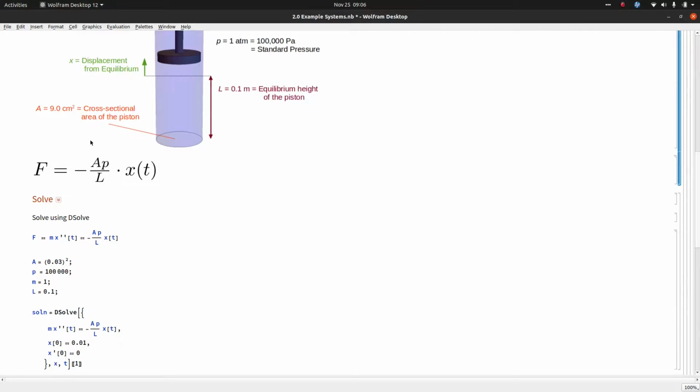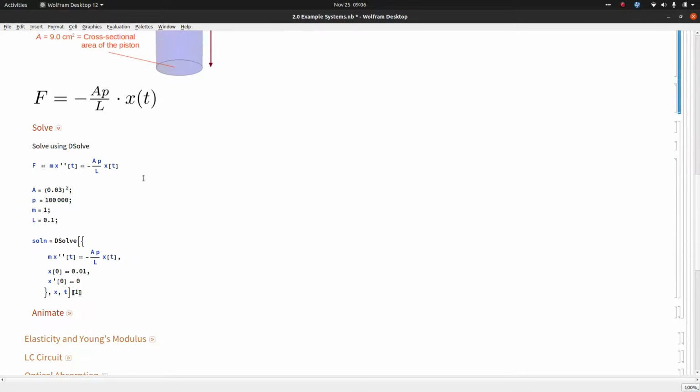So again, we're just looking at a simple harmonic motion equation, Hooke's law, minus a constant times the displacement.